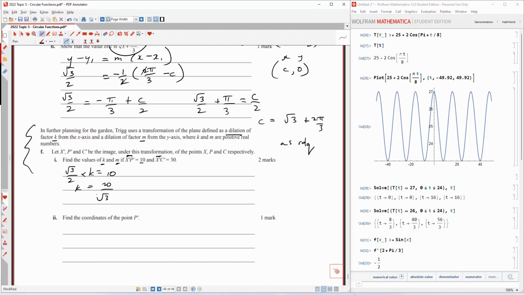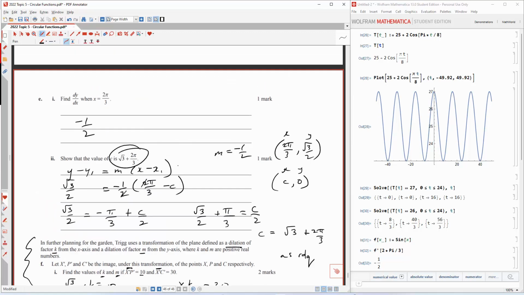So that's going to be the dilation factor from the x-axis to move whatever the distance is, root 3 on 2, to make it a distance of 10, i.e. that multiplied by this value will equal 10. Now what we want to do is the same thing from the y-axis. So we want to dilate it by an amount. So we're going to multiply whatever this distance is by m to produce a distance of 30.